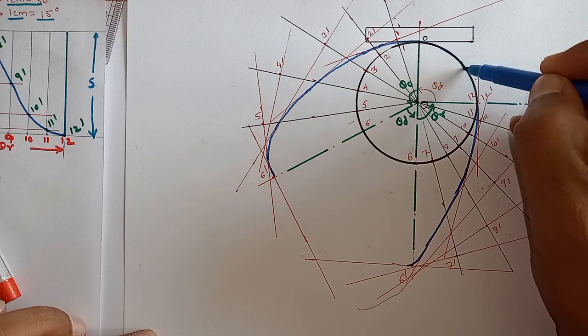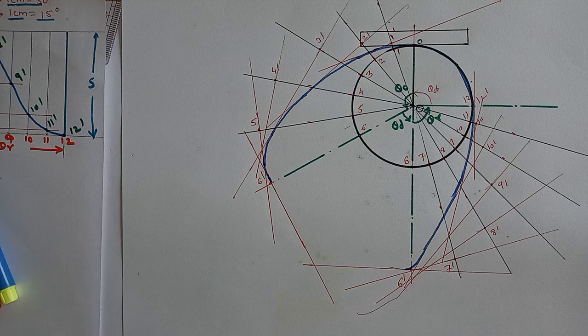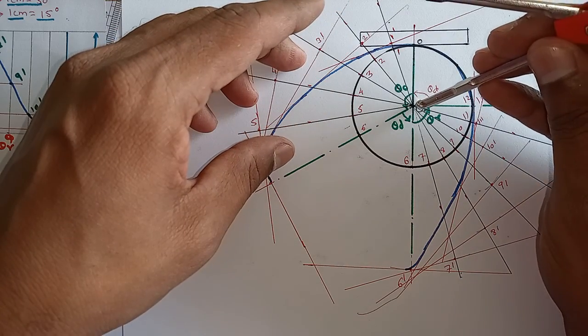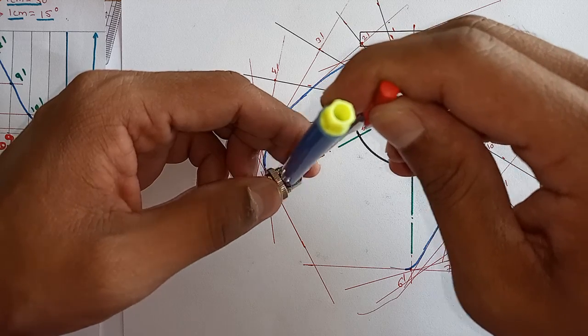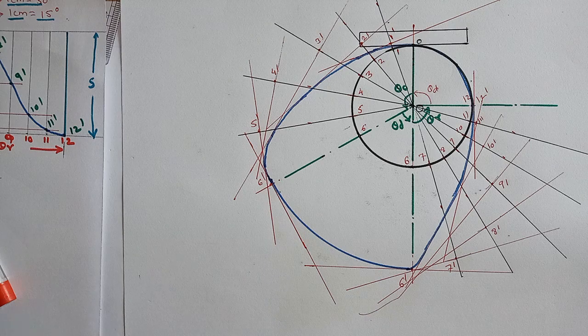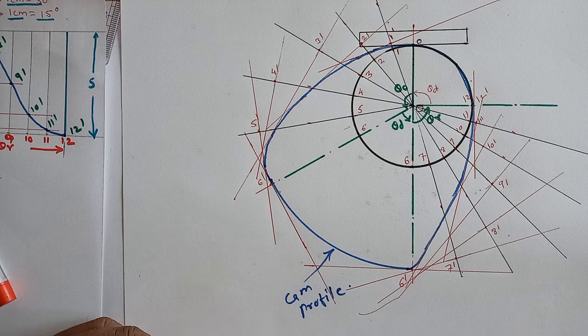This is the last dwell, which is also a circular arc. So this is the required cam profile for the flat faced follower. Thank you.